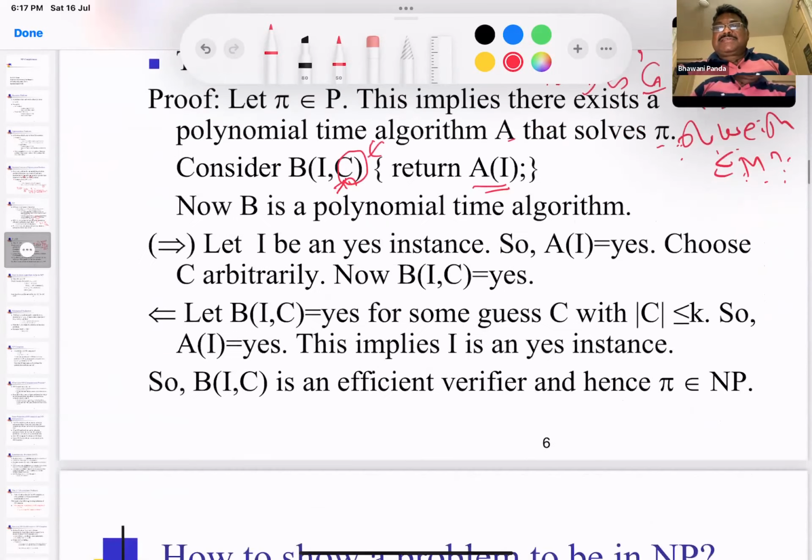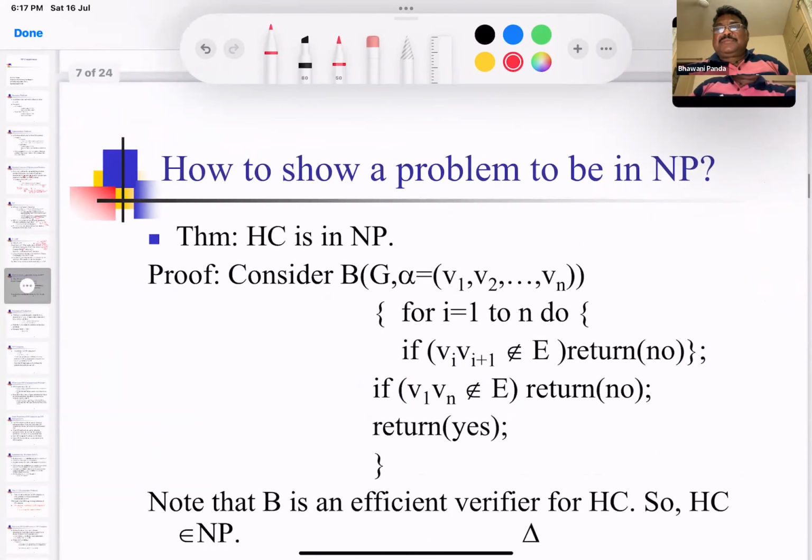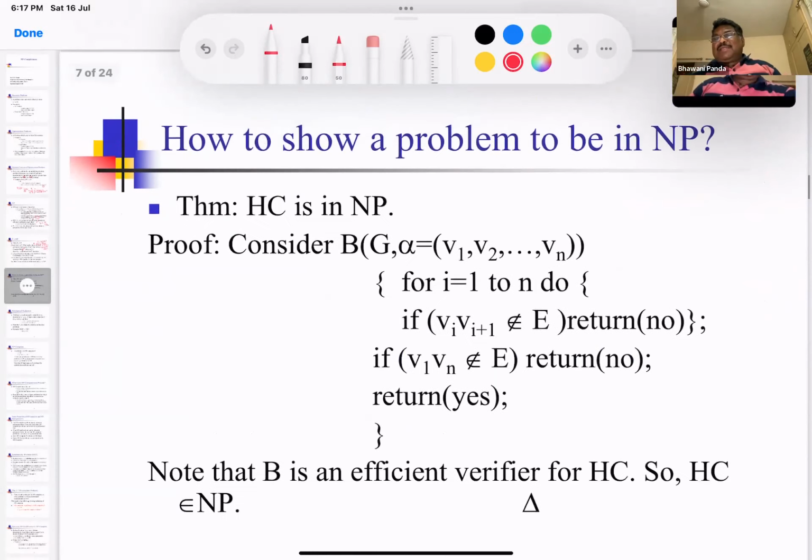So for example, the Hamiltonian cycle problem we have seen in the last class. Given a graph, the certificate will be a permutation of n vertices. We need to check that these vertices are distinct, that consecutive vertices are adjacent, and that the first and last vertices are also adjacent. So you can see this can be checked in polynomial time.